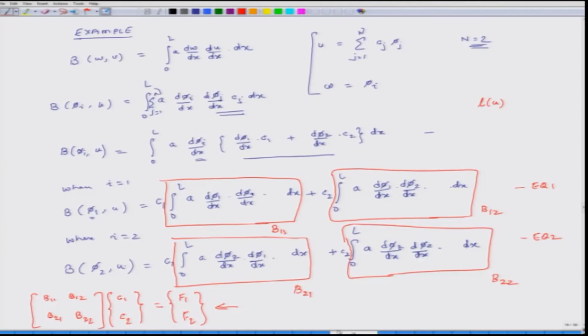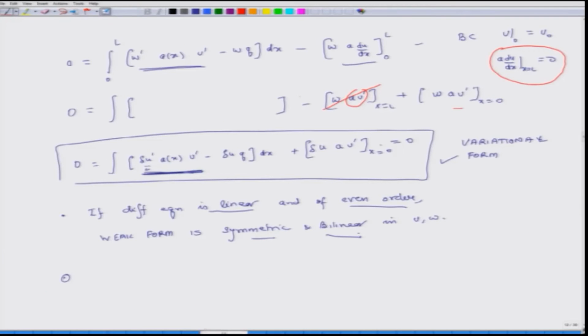Okay. So, for that again we have to go back and refer to the original equation. So, let us go back and see the definition of L. Okay.